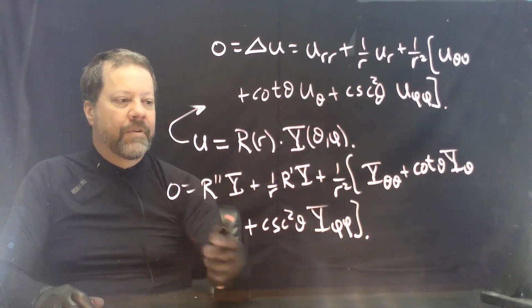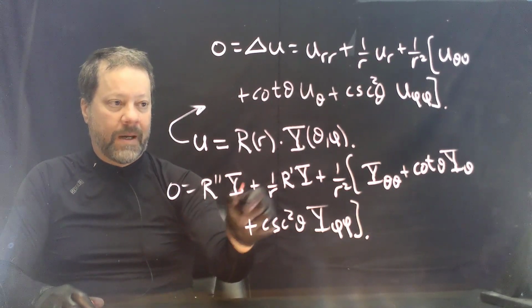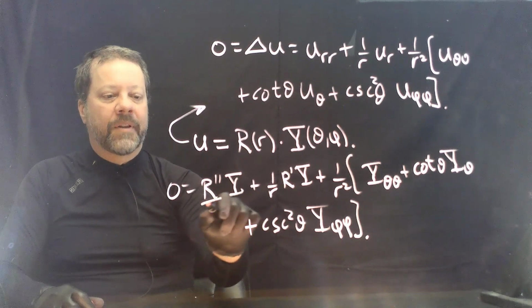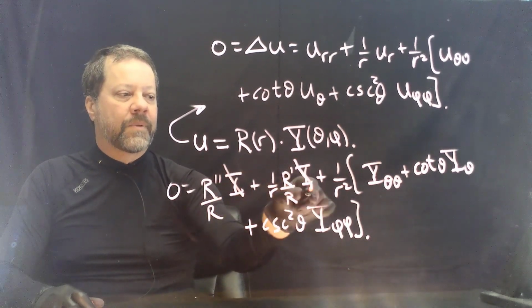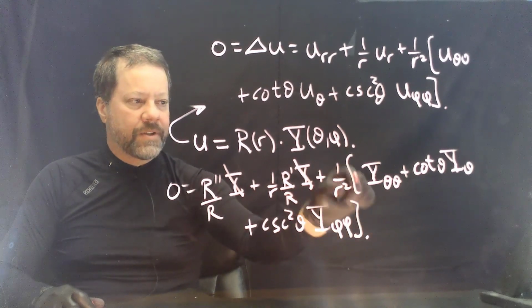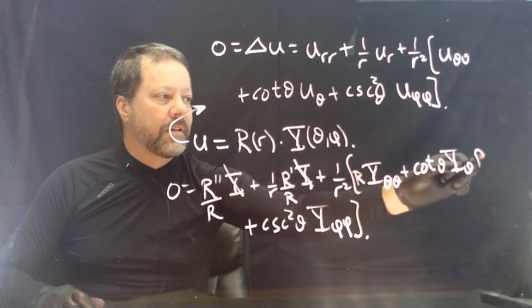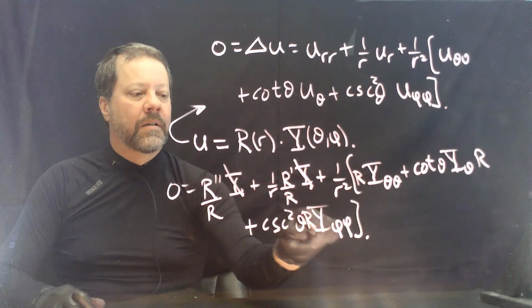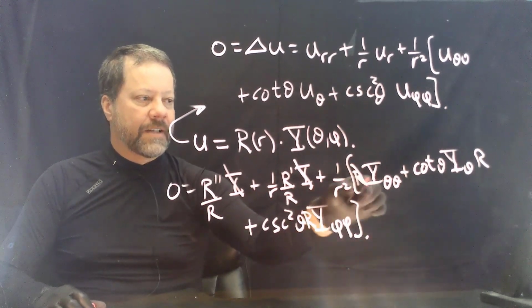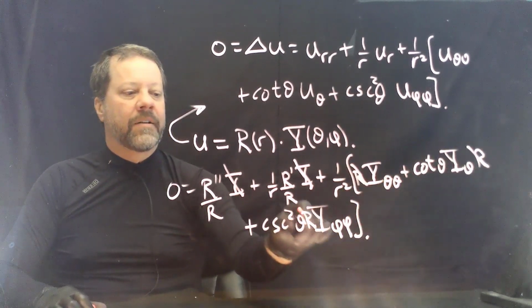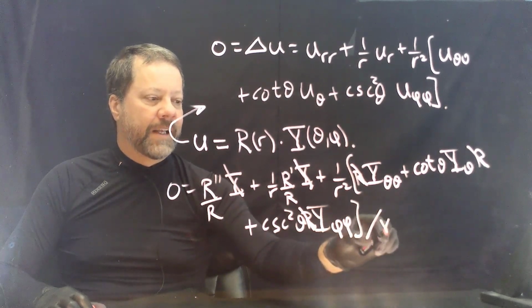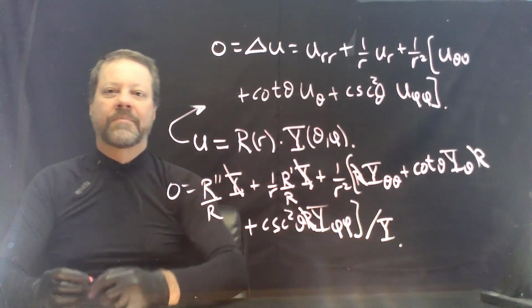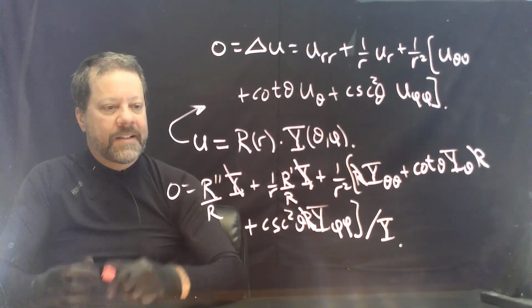If you now divide through by R Y, you'll end up with an over r, and this will cancel. Over r, this will cancel. Oh, these shouldn't have r's. If we're now dividing these r's out, those will all go, and this whole thing will then be divided by a big Y. We can then separate the variables.